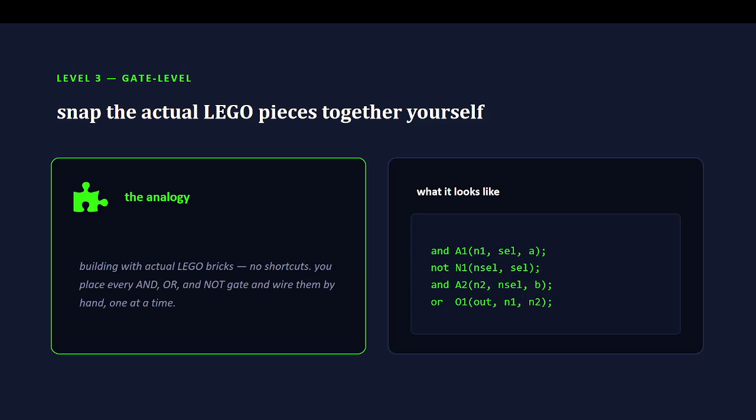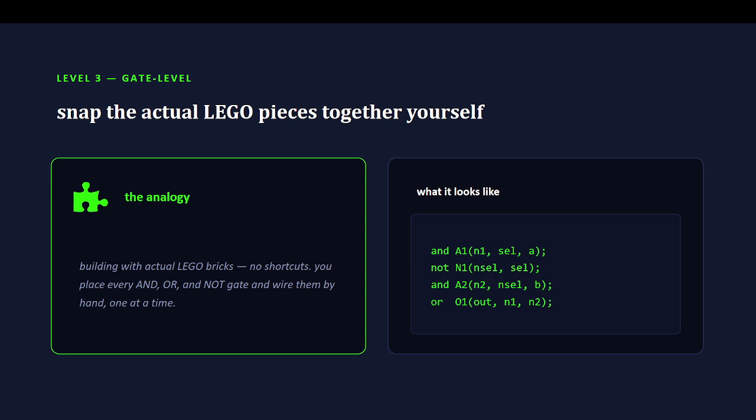Every single line here is literally placing one gate and naming its connection. A1 is an AND gate instance. N1 is a NOT gate instance. You are hand instantiating each primitive, the same way you would hand place each IC on that breadboard and wire its actual pins.